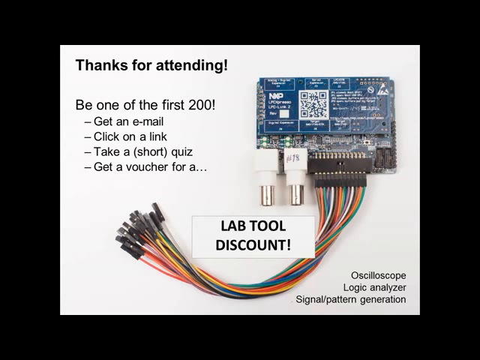What's kind of cool about this is that, as I mentioned, with the Link 2 board, you've got a development board for the 4370. You've got a debugger board, which you can unplug and use as a debugger, or you plug it onto this, and now you've got a logic analyzer oscilloscope. So with this one combination of parts, you get multiple things that you can do with this lab tool Link 2 combination.